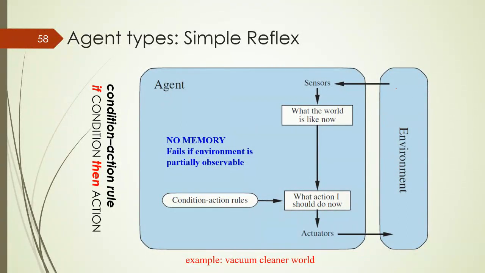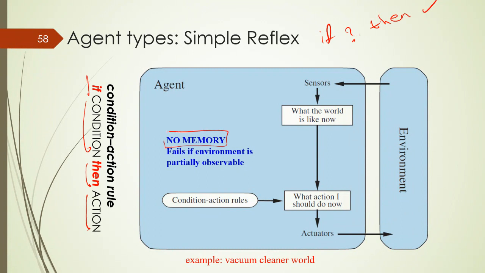The structure is something like this. So my environment, percepts from the environment, that gives me an understanding of what's going on in the environment, and I need to make a decision. For the decision, it's a condition-action rule. So condition-action rule. If condition then action. Based on very simple steps of perceive, decide, act.